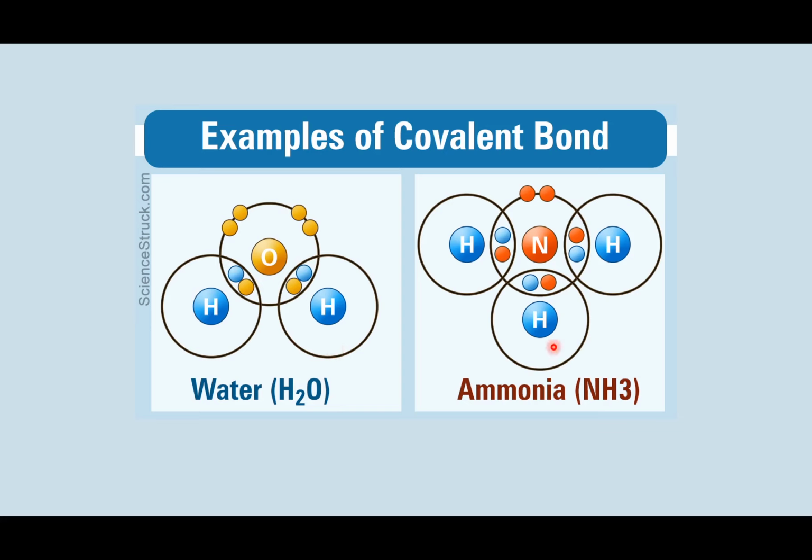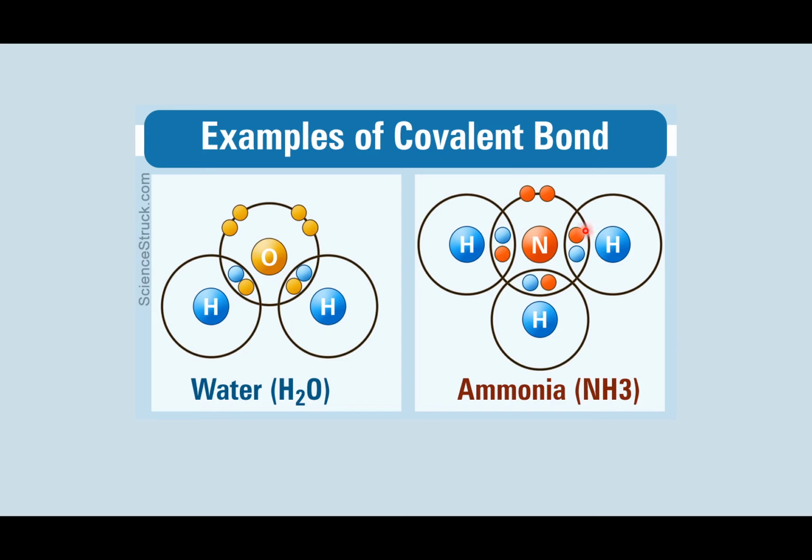Another example would be ammonia, same idea. Nitrogen and hydrogen, so two nonmetals, they're sharing electrons because neither has enough attractive force to pull the electrons away from the other atom, so they're going to share. Nitrogen now has a total of 8, 2 on its own, and then it's sharing.